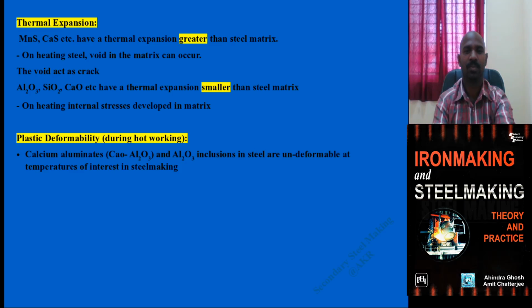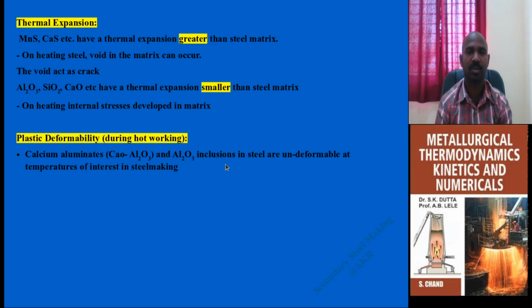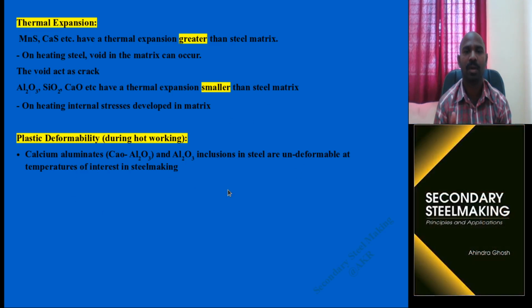These calcium aluminates such as CaO and Al2O3, this O is capital O, please correct it, and Al2O3 inclusions become very difficult to deform at temperatures of 1000 degrees Celsius and greater than 1200 degrees Celsius if these inclusions are present.